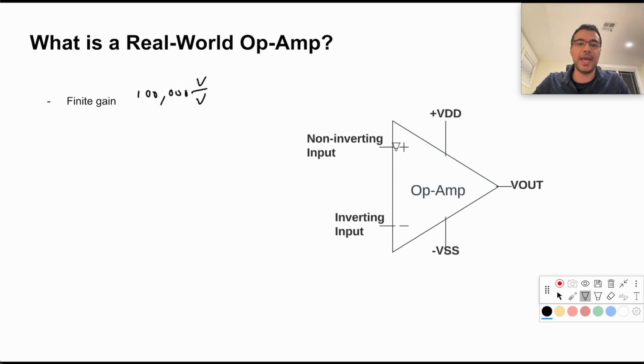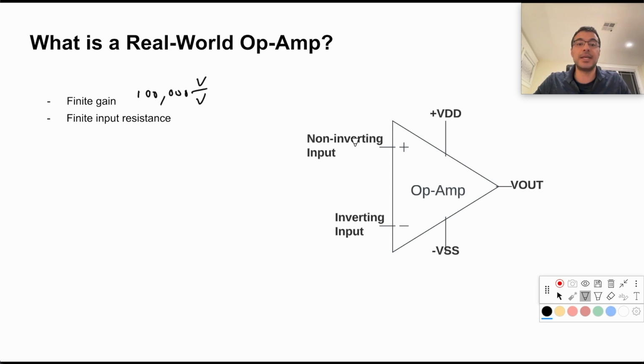So if you have a 1 millivolt input, let's say, in between the non-inverting input and the inverting input, then it will multiply that by 100,000 times at the output, which almost always will saturate it to VDD or VSS.